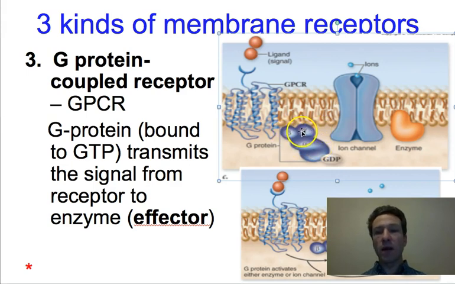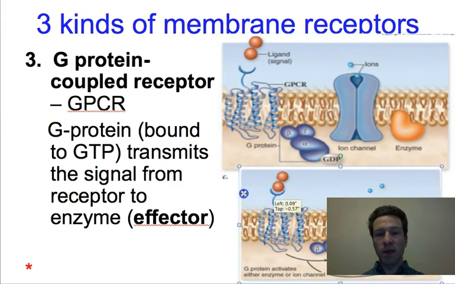Now, what beta, gamma, and what alpha do varies widely for different GPCRs. So in some cases, beta, gamma go and attach to other enzymes or other channels and open or close those channels or turn on or turn off other enzymes. In other cases, it's the alpha protein that goes somewhere and activates or deactivates another protein. In some cases, beta, gamma go off and do one thing, while alpha goes off and does something else.